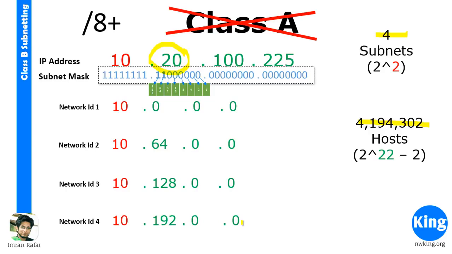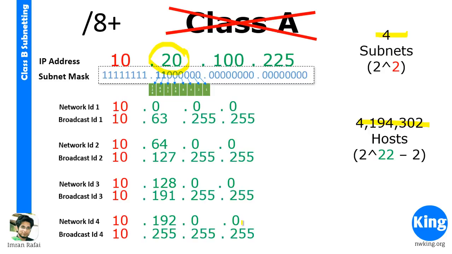How do we get the broadcast ID? We did this so many times. By now you guys should be doing it without even thinking about it. So it is 10.63.255.255. Broadcast ID 2 is 10.127.255.255. Broadcast ID 3 is 10.191.255.255.